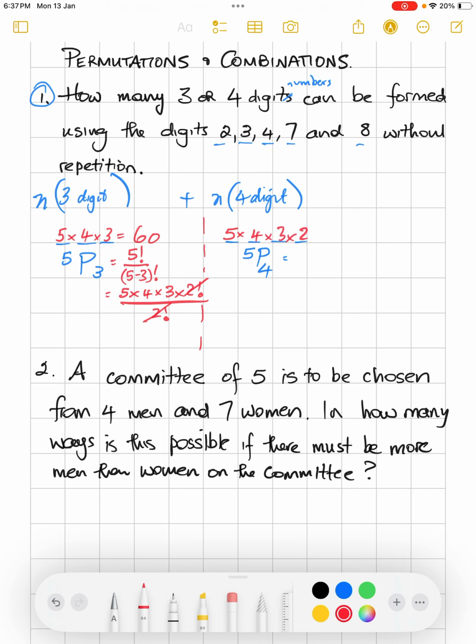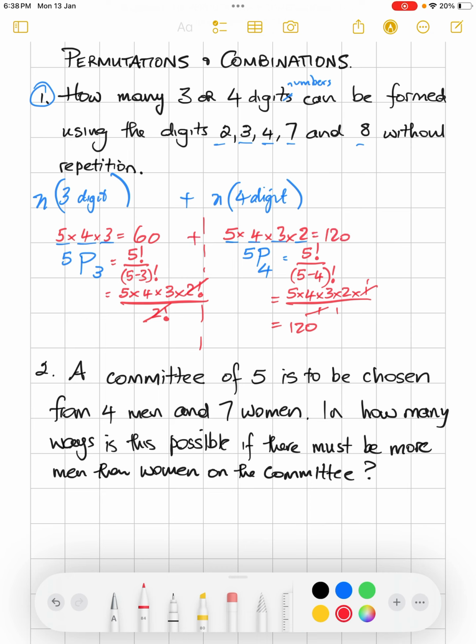Well, if you use factorials, this is 5 factorial over 5 minus 4 factorial. And so we've got 5 by 4 by 3 by 2 by 1 all over 1 factorial, which is 1. And that's just 1. 1 doesn't cancel, so it leaves it. So we got 20 times 6, 120 ways.